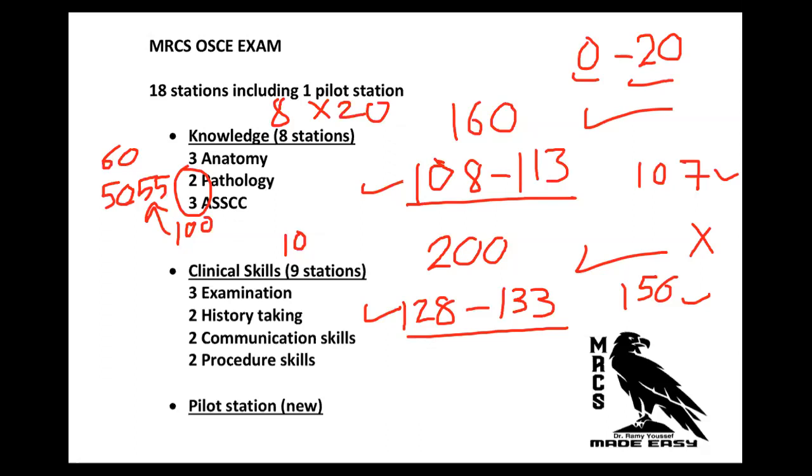Okay, it is very easy. It's very easy to get 135 from 200. You know, here you can miss about 65 marks. You may have 2 stations completely 0 and you still pass.